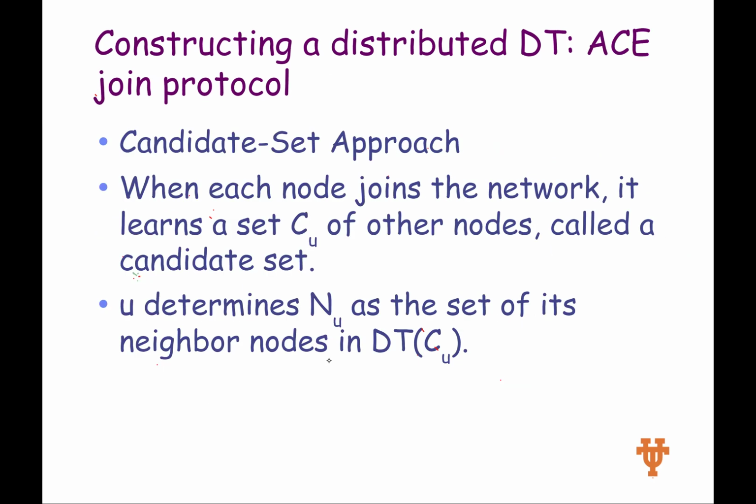Okay. So now we want to construct a distributed DT in an incremental and iterative process. It's incremental because we assume there are k nodes in the network, and another node joins the network.